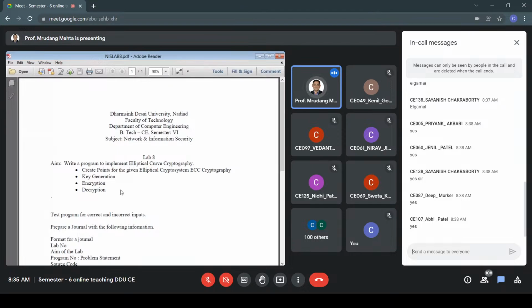Okay, so this elliptic curve crypto system is a little bit different from other crypto systems. I think ma'am has already covered the whole topic in class and discussed the theoretical concepts behind point generation, right? So till now we used the key as a number, but now we have coordinates.